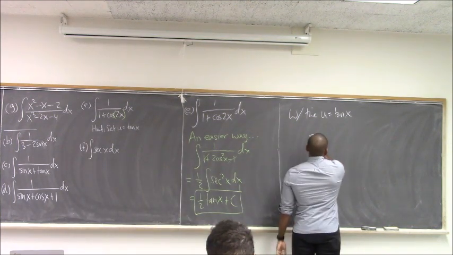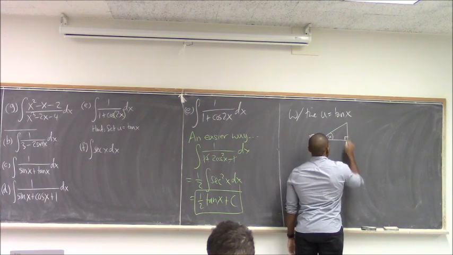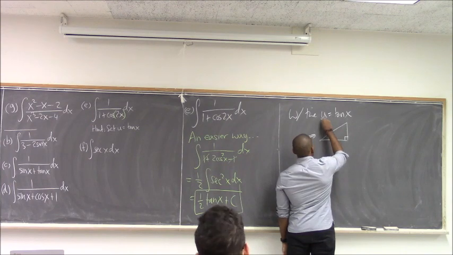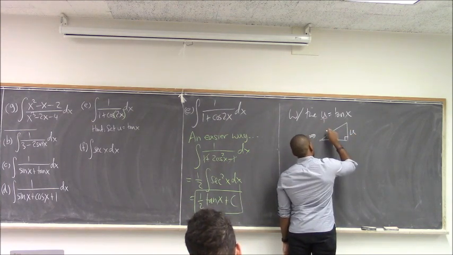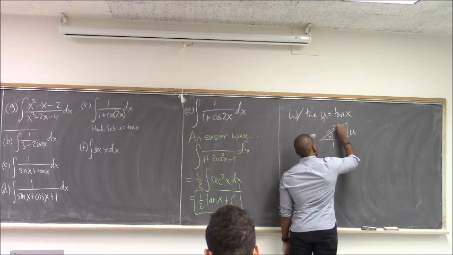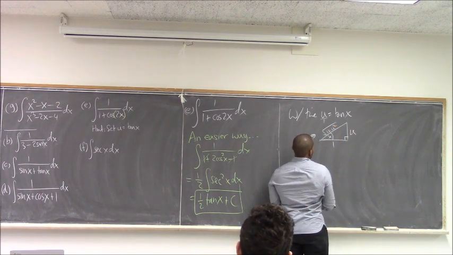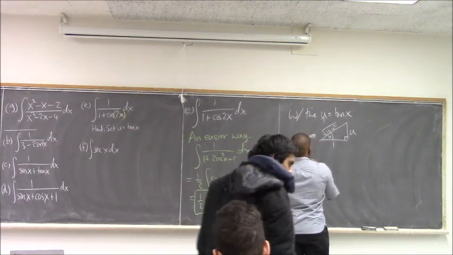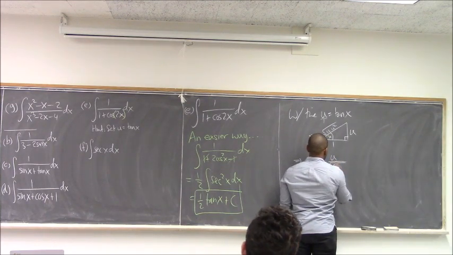Given that, this means you can create a triangle where there's an x here, and tangent is opposite over adjacent. So this side here is going to be the square root of 1 plus u squared. So sine of x is going to be opposite over hypotenuse.